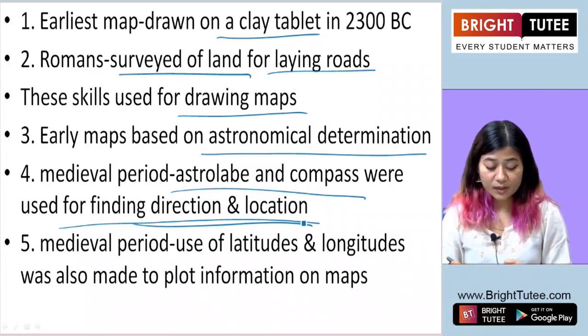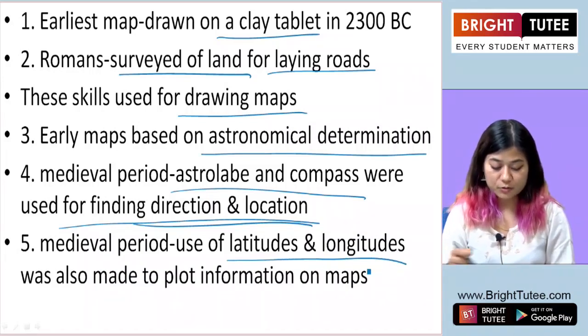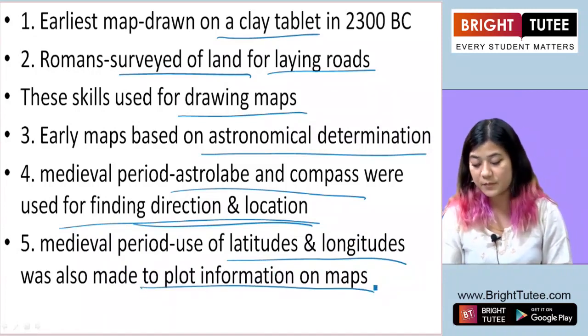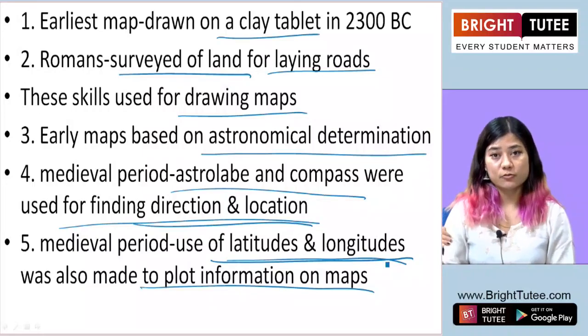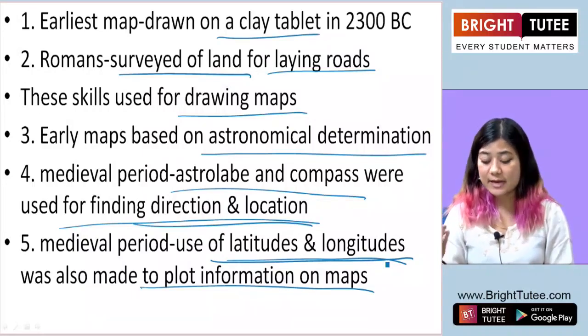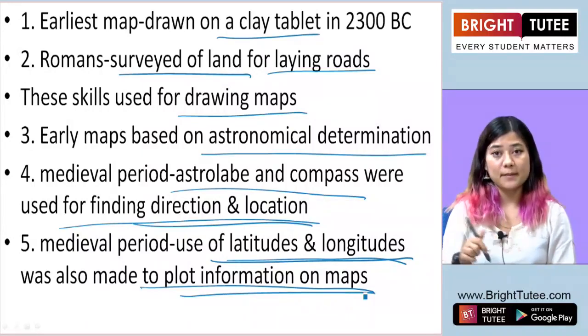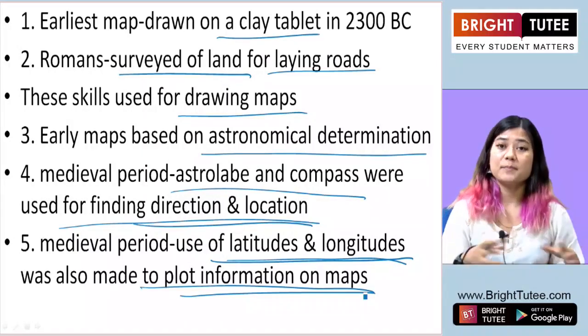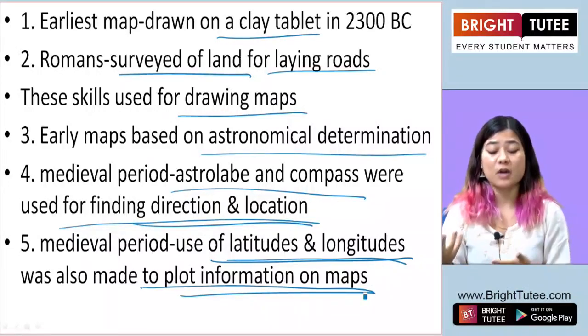Alright? In the medieval period, latitudes and longitudes were also used to plot information on maps. So they used longitudes and latitudes, which we see on the map today, right? That was also used for plotting the information on maps to make the maps much more readable, much easier to understand.